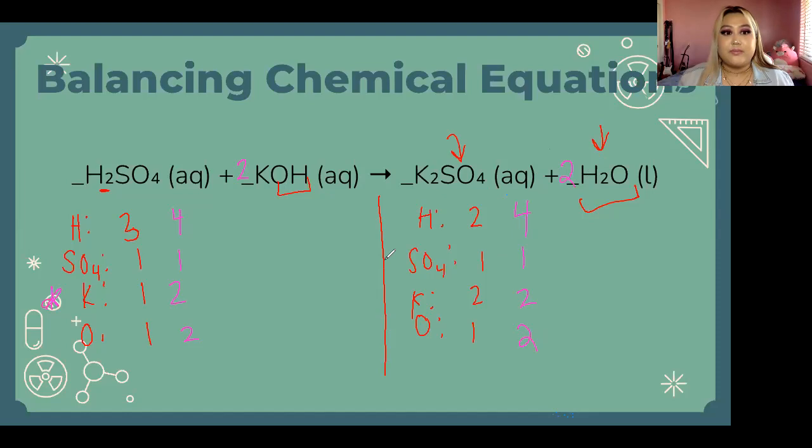Low key, I kind of got confused on the reactant side. Is that what you're talking about? On the right hand side? The product side? Yeah, my bad, the product side. It's okay.